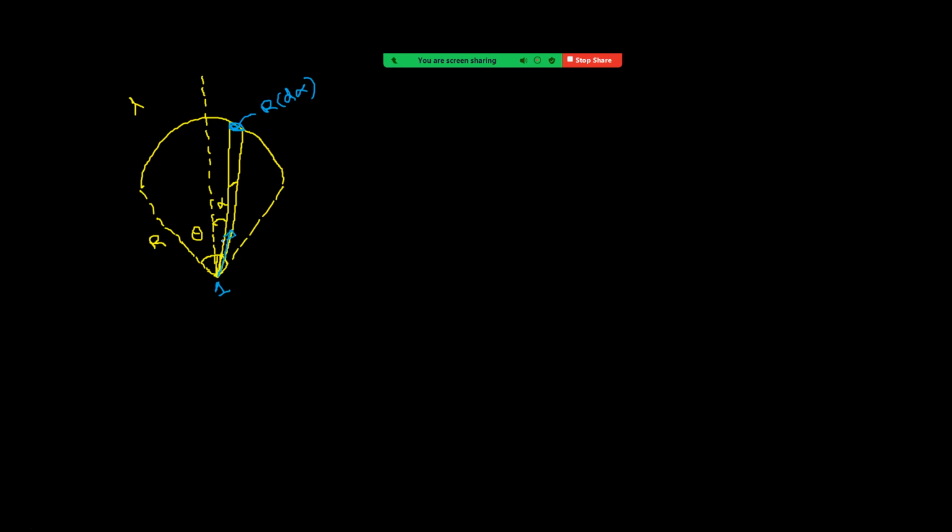I'm making the diagram separately here once again to make it clear. Symmetry line, and we have taken an angle alpha, with a very small change d alpha. So g will be like this; take it as dg, the value of g because of that small element dm. Now we can take two components for g.